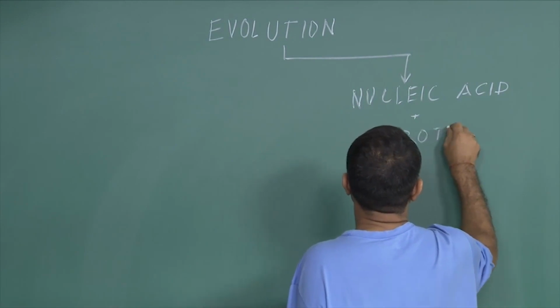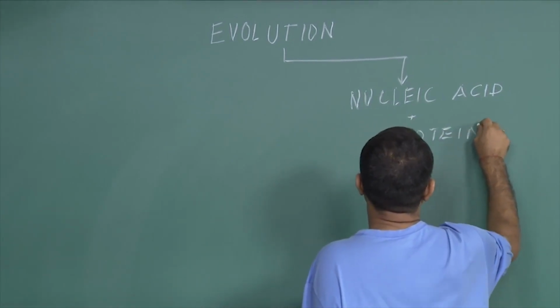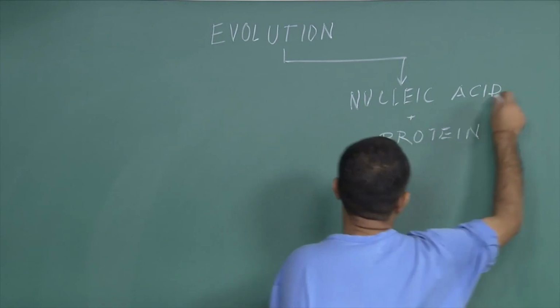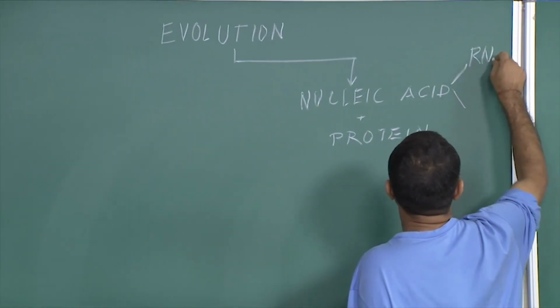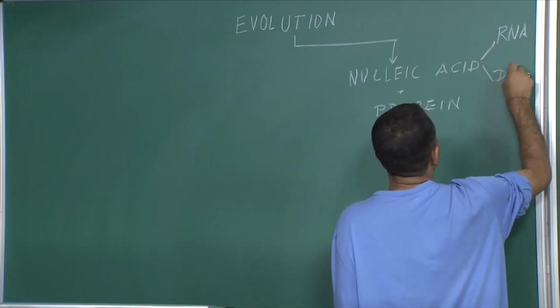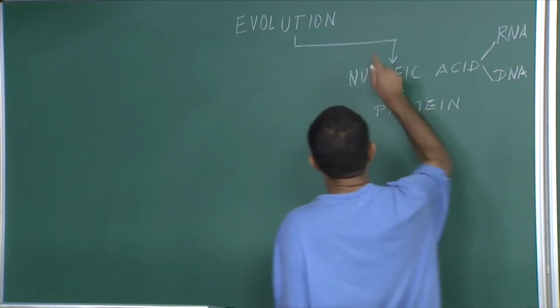Of course, we do not know in this evolution who came from what, and within the nucleic acid we talk about ribonucleic acid and deoxyribonucleic acid. This is one theory.